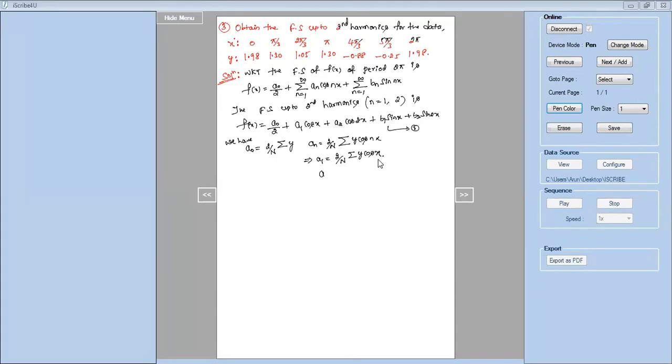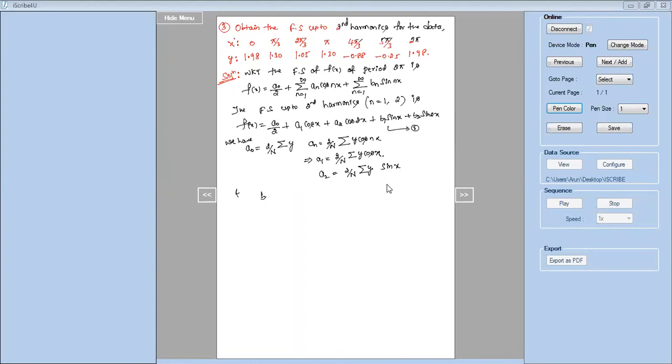Next, similarly a2 equals 2 by cap letter N into summation y sin x. So this is y sin x. There is a gap. Okay. Next, a1, a2 we got. Next we want b1, b2. So we have a formula.